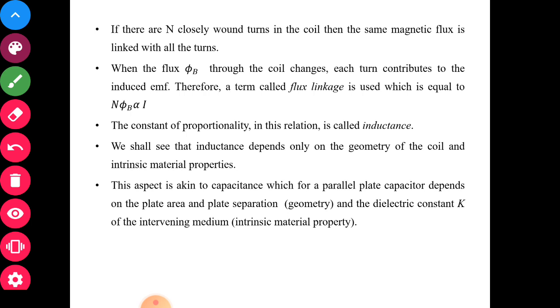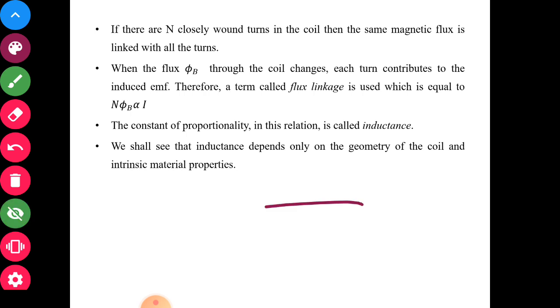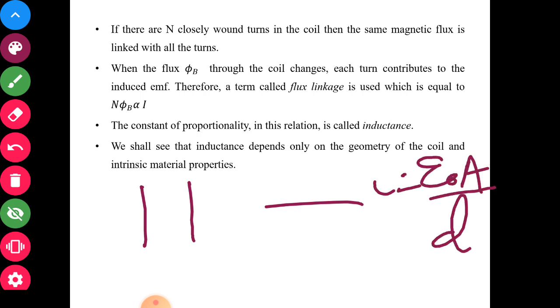As you know that if you have a capacitance, then C is equal to epsilon 0 A upon D. Now what is A? A is a dimension, that is area of plate. D is distance between two plates.